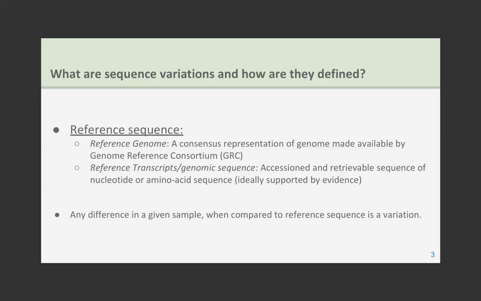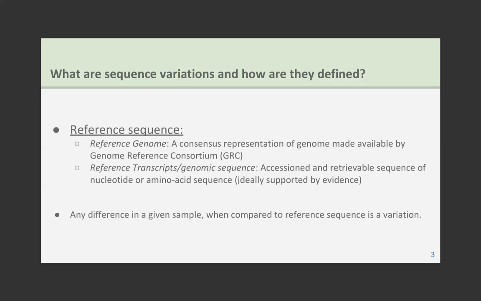Similarly, what I mean by reference transcript and reference genomic sequence is this: these are accessioned and retrievable sequences of nucleotides or amino acids that are present in authoritative agencies like NCBI or EBI.